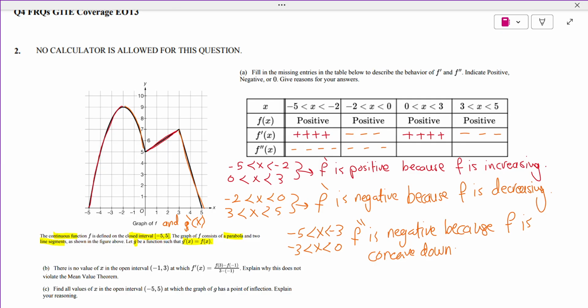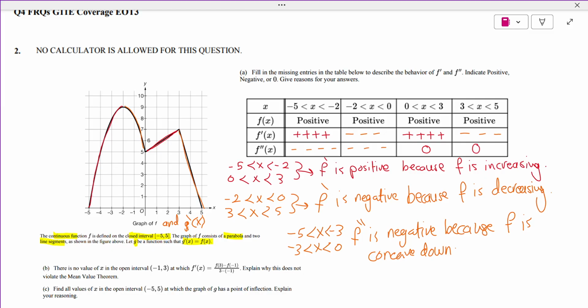Now, what about the second derivative sign from 0 to 3? Well, from 0 to 3, it's linear. If it's linear, that means the first derivative will be constant and the second derivative will be 0. Also, from 3 to 5, it has to be 0.